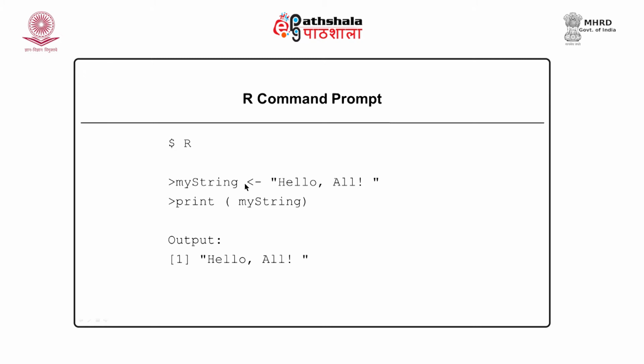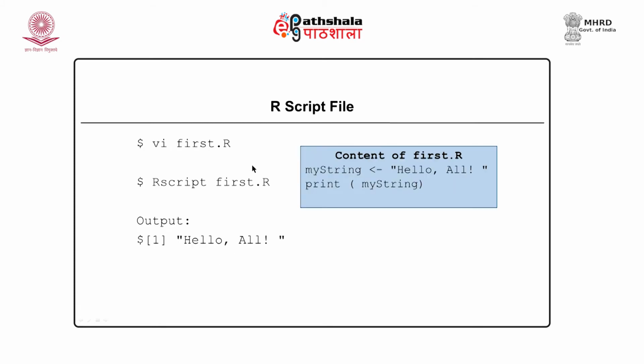Now, if you are a programmer, you will prefer creating script files. In the next slide, you can see an R script file. Suppose I have created a file that has 2 lines. The steps are: first I open the VI editor and create a file, say first.r. Once the file is created, I save it and go back to the command prompt.